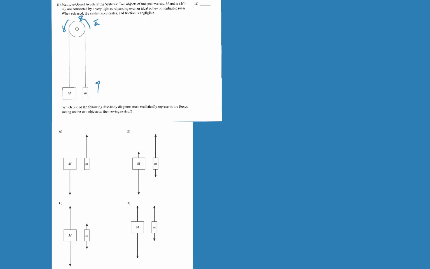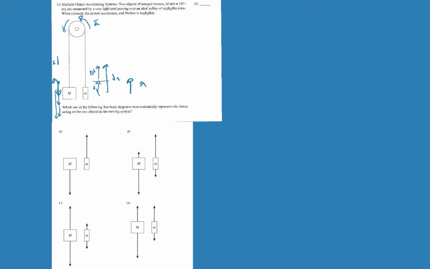It means that the change in velocity is going up. For this object, if this is V, later on it will be bigger, and the change in velocity is A. The acceleration is here. So the object little m is accelerated in this direction, while the object capital M is accelerated in this direction.